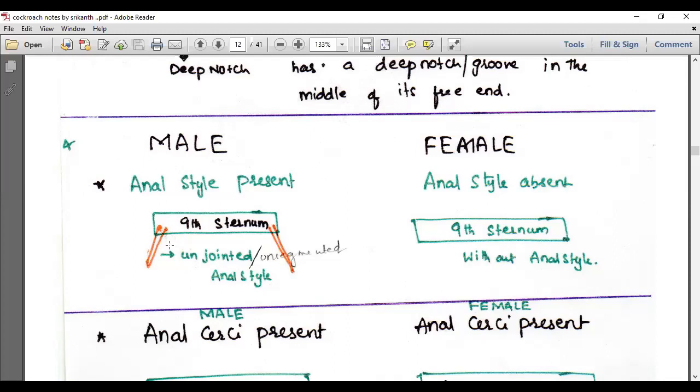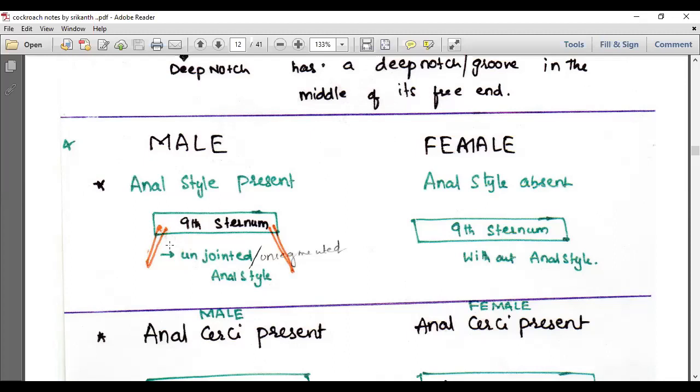From the beginning of my classes, I said in Ascaris lumbricoides also, the male Ascaris is curved and short. The female Ascaris posterior portion is straight. The male Ascaris posterior portion is curved. So with that we recognize this is male Ascaris, this is female Ascaris.